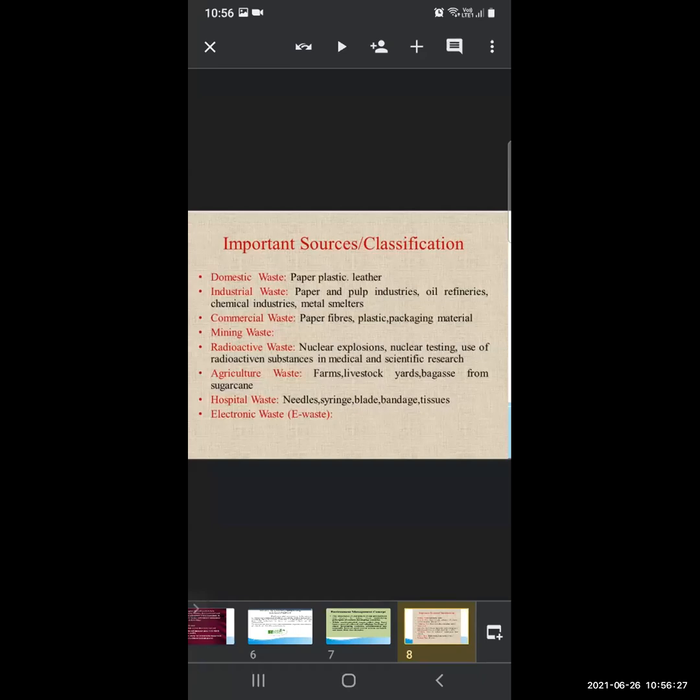Agriculture waste, that is farms, livestock, yards, bagasse from sugarcane. Hospital waste, that is biomedical waste, needles, syringe, blade, bandage, tissues, and electronic waste. Electronic waste is referred to as e-waste. So these are the important sources that we have classified according to their waste.